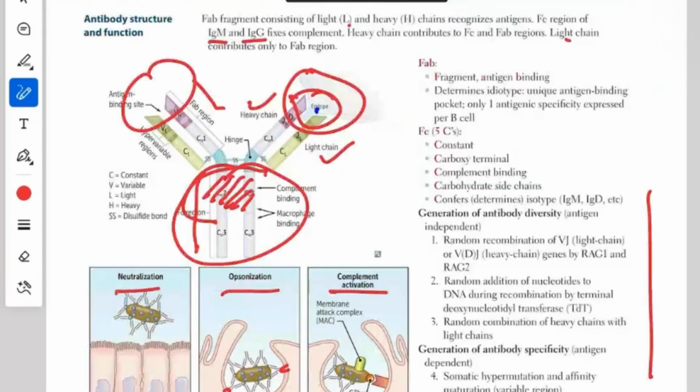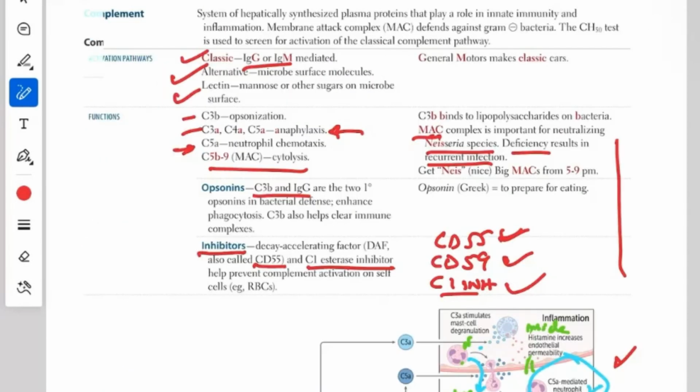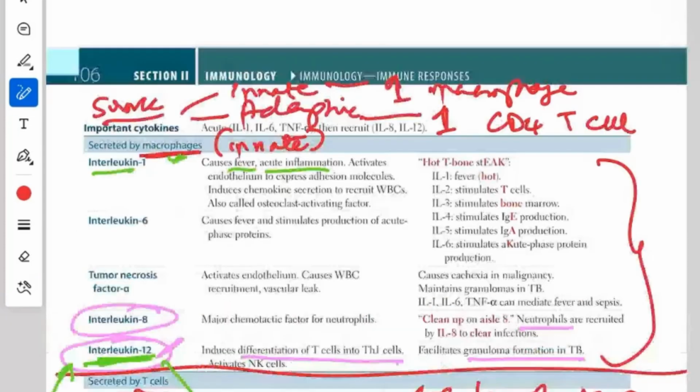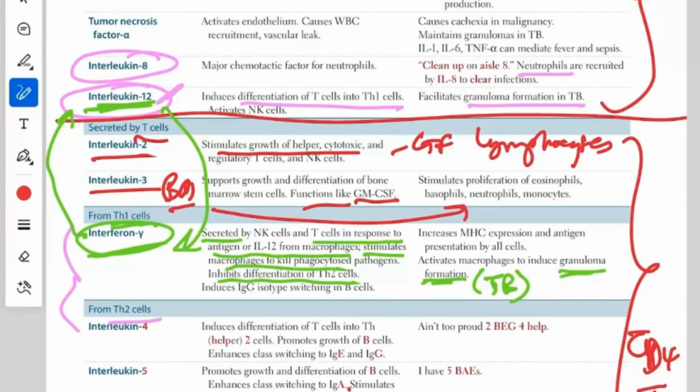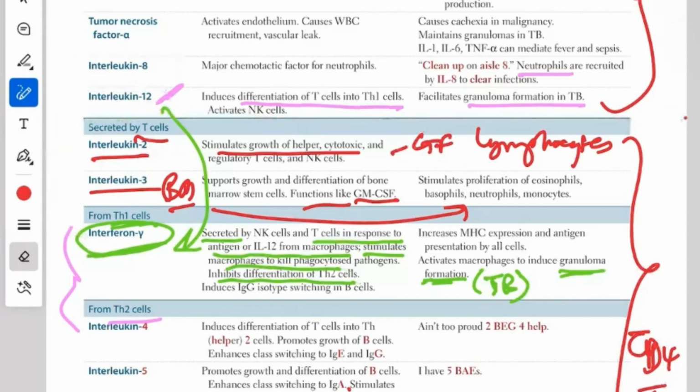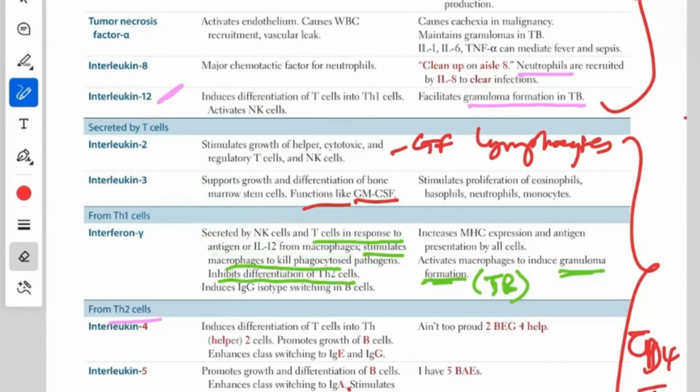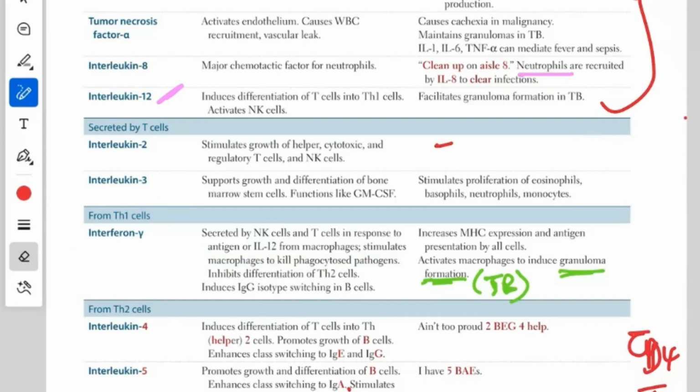There are different cytokines produced by the different activated CD4 helper T cells. If it's Th1, in the presence of TB, you're talking of interferon gamma.